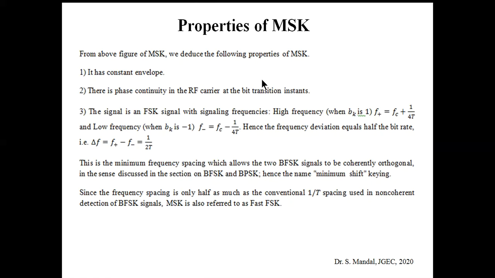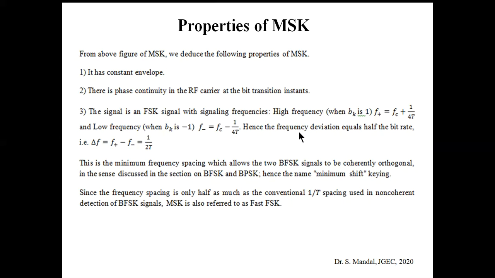When bk is 1, the frequency is high, denoted by f plus, which is fc plus 1/4T. And there is also a low frequency when bk is -1, denoted by f minus, which is fc minus 1/4T. So the signal is an FSK signal with signaling frequencies, high and low, f plus and f minus.